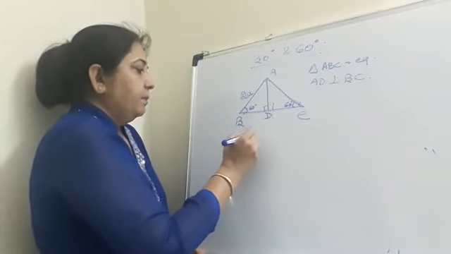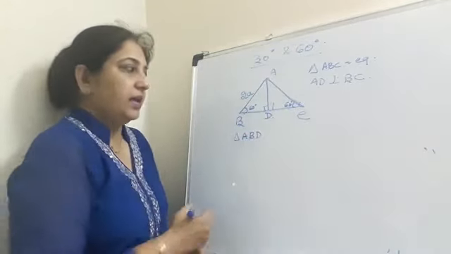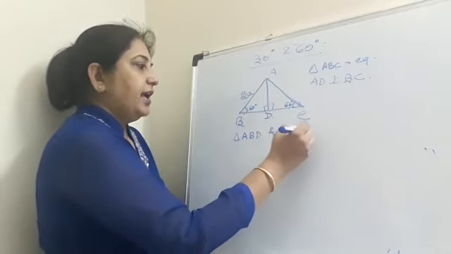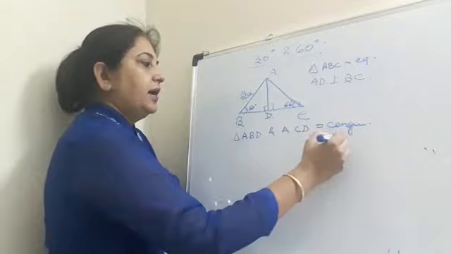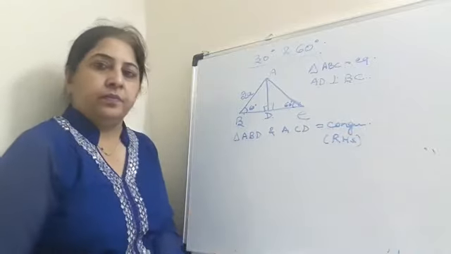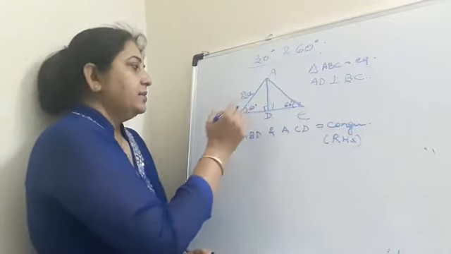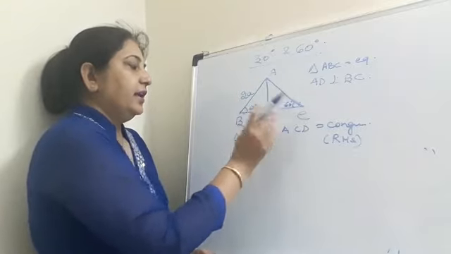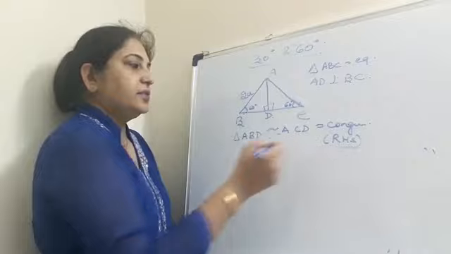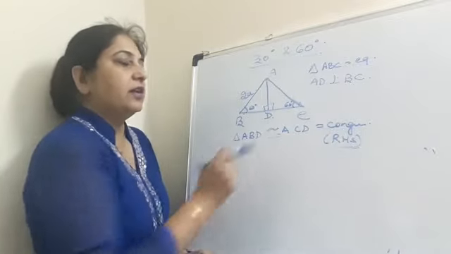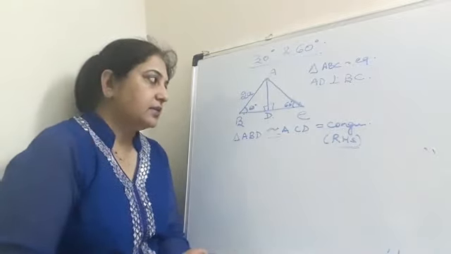Triangle ABD and triangle ACD are congruent to each other by RHS property. You know how to prove the RHS property, you've learned it in your previous class.